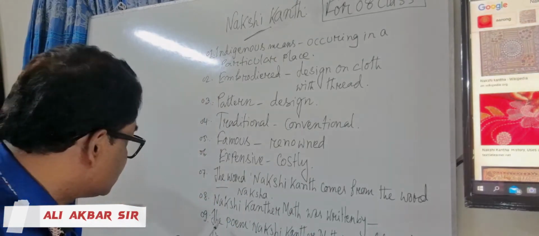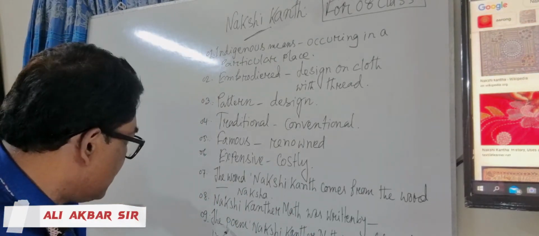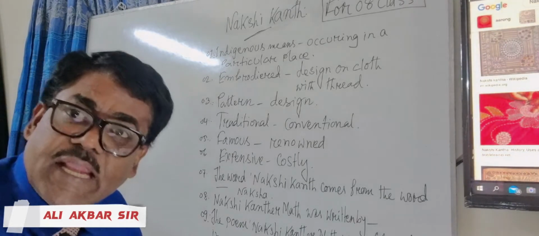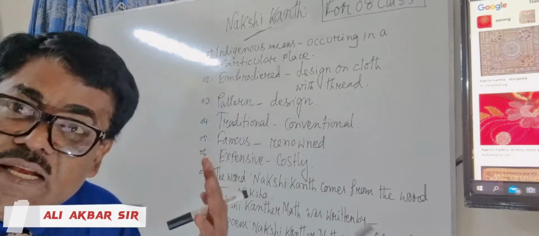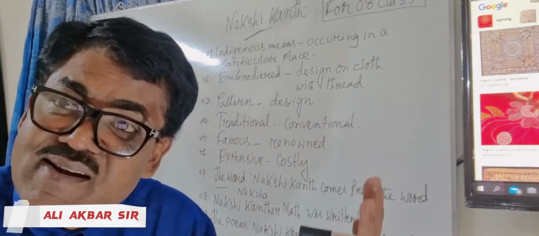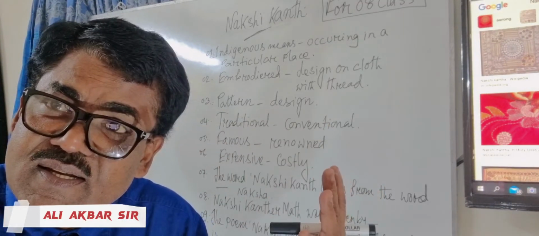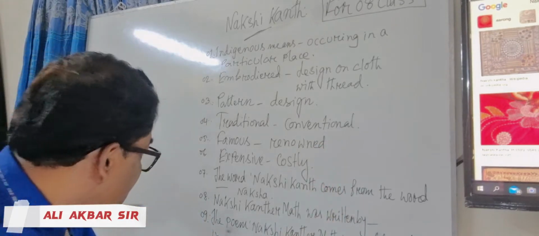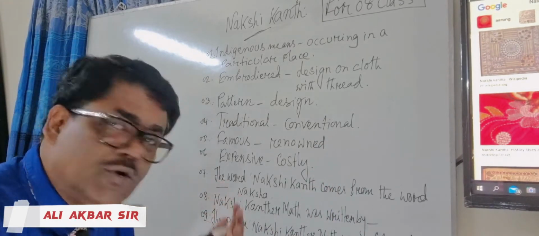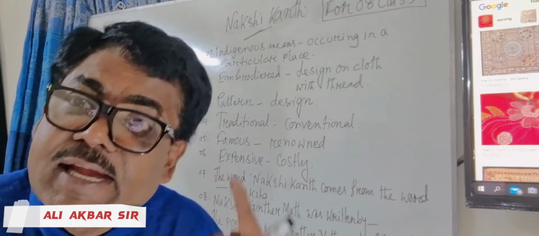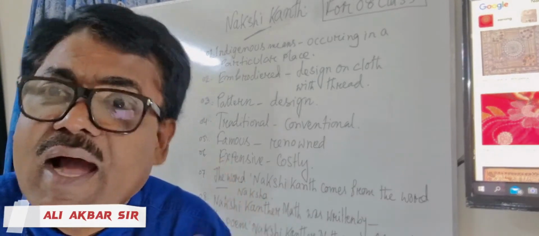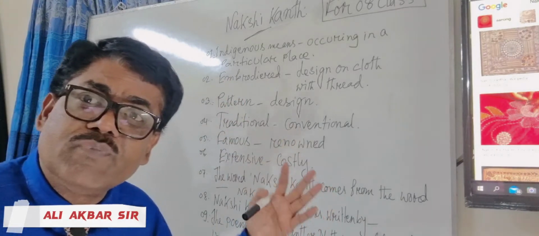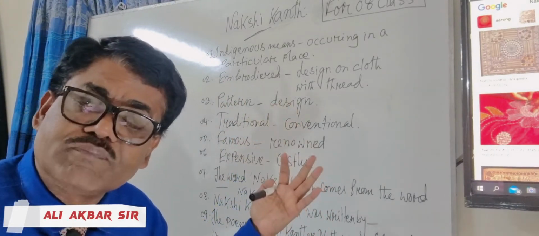Okay, students, look at another question. The poem Nakshi Kanthar Mat was published in what year? Could you remember? The poem Nakshi Kanthar Mat was published in 1929. Students, look again at the word meaning.